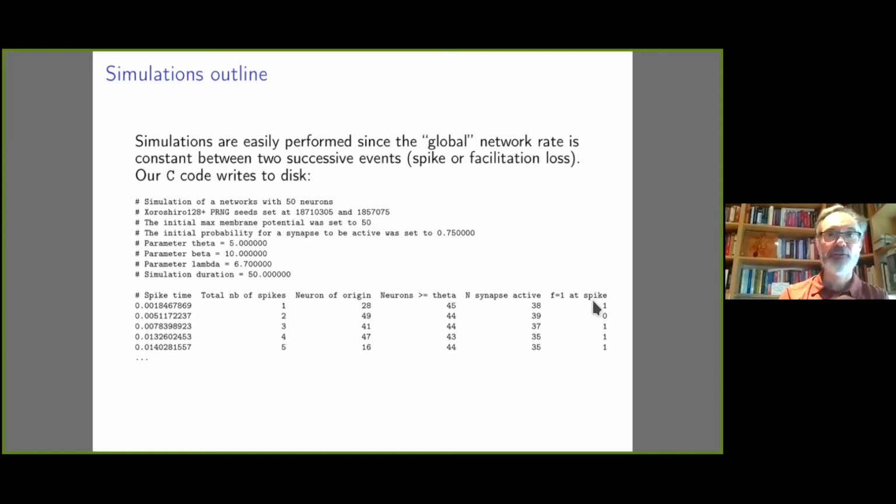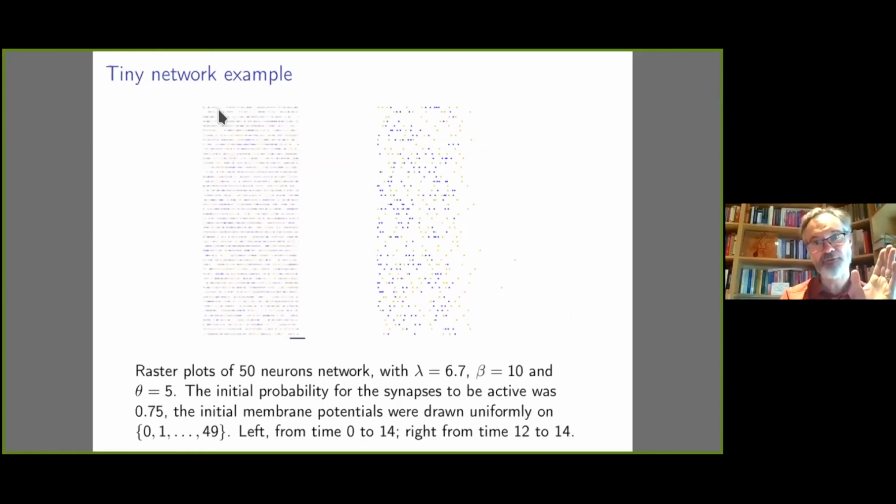So if I represent now what you saw before, but I just put a dot when you have a downward trajectory of a membrane potential, when you have a spike. Each row corresponds to one neuron, and the dot is blue if the synapse of the neuron that spikes was facilitated at the time of the spike, and it's orange otherwise.